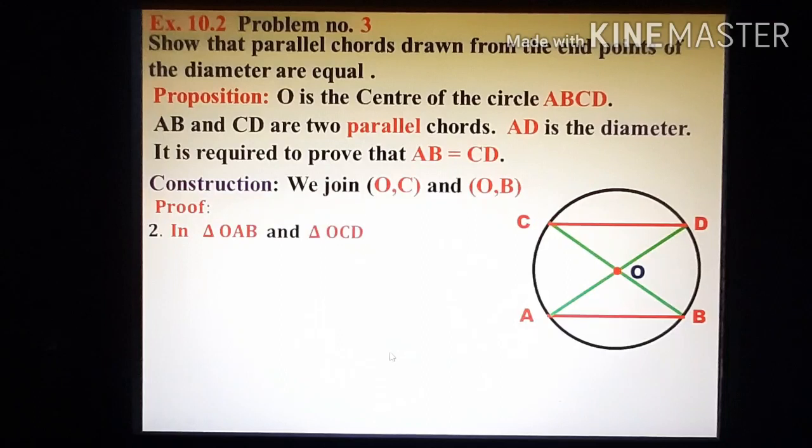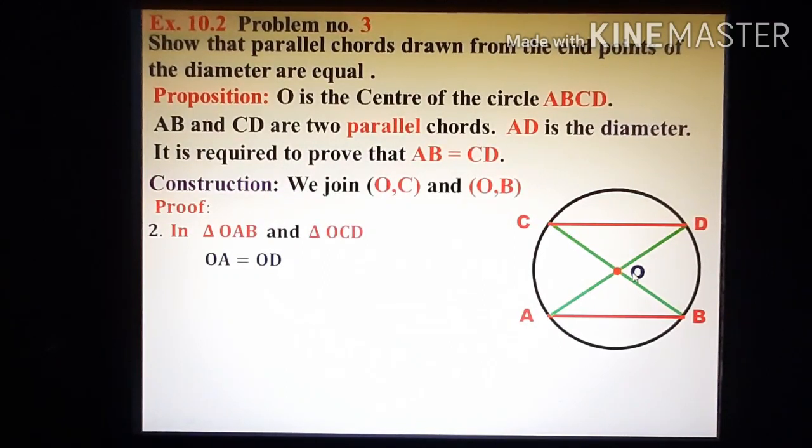Now come to the proof portion. In triangle OAB and in triangle OCD, in these 2 triangles, OA is equal to OD. OA is a side of triangle OAB, and OD is a side of triangle OCD.